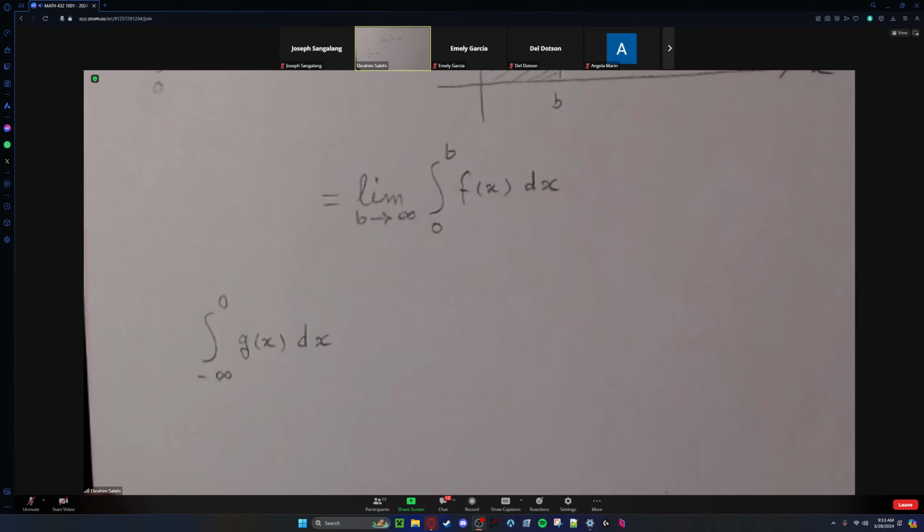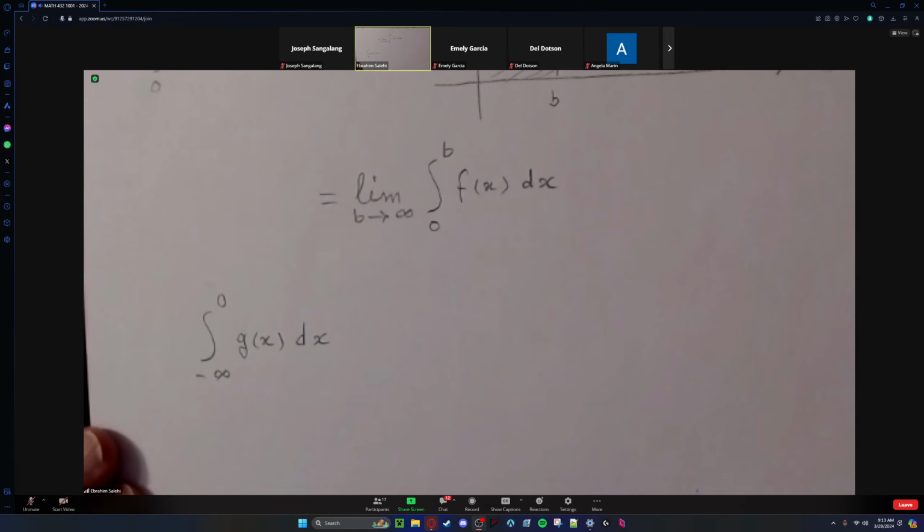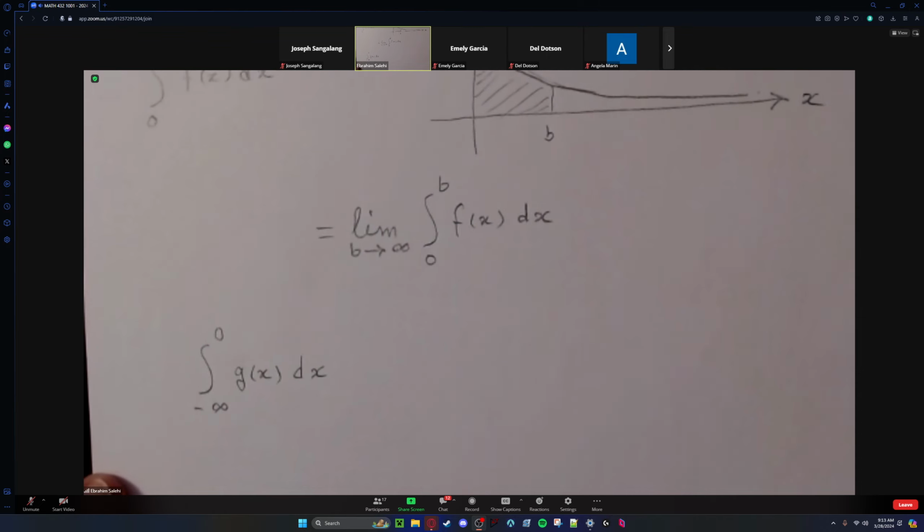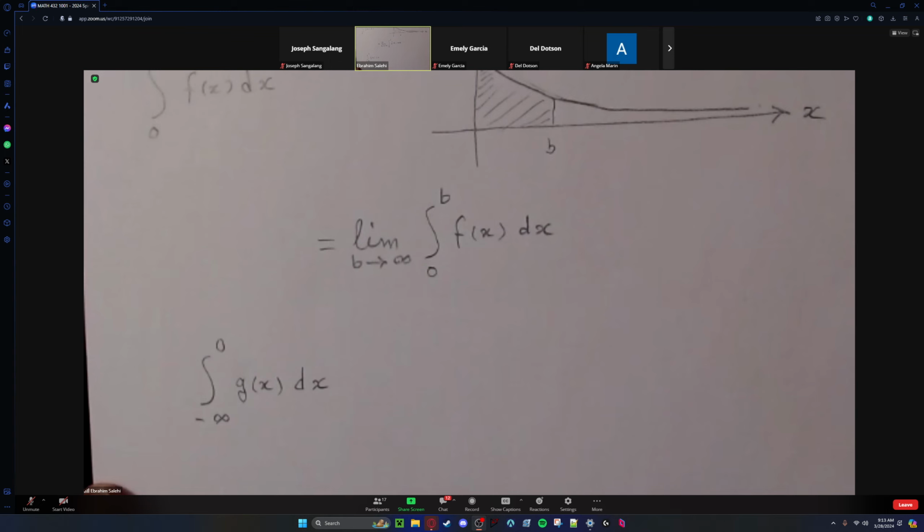So the way it works is this, that you have a function. Here's y-axis, x-axis.